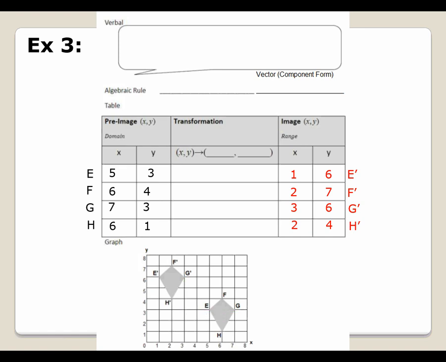So up here in the verbal, oh, and here's our vector. Our vector traveled left 4 and up 3 to go in this diagonal motion. So this is the route, the blue arrow, that the first quadrilateral traveled to get to the image quadrilateral. All right, so that's our vector.